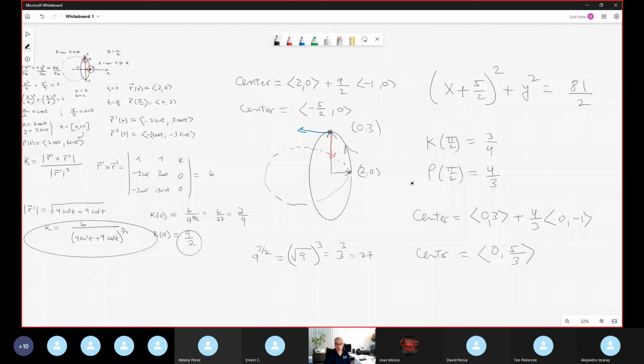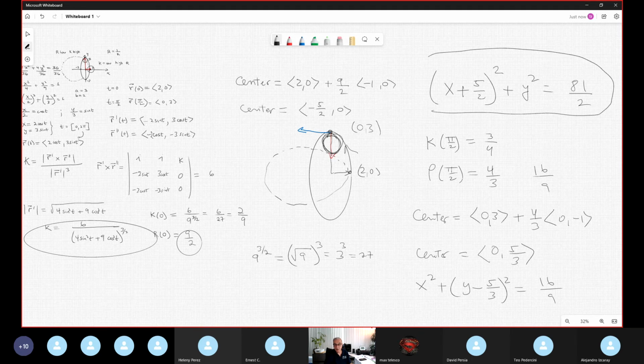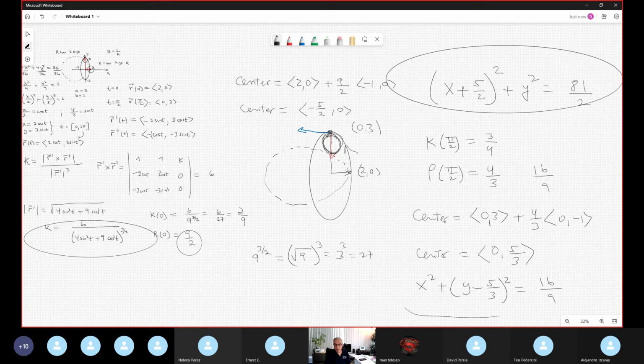Now the second equation of the osculating circle is x squared plus (y minus 5/3) squared equal to the radius squared, that was 16/9. Boom, this is the answer that they want: the osculating circle at t equals 0 and the osculating circle at t equals pi.